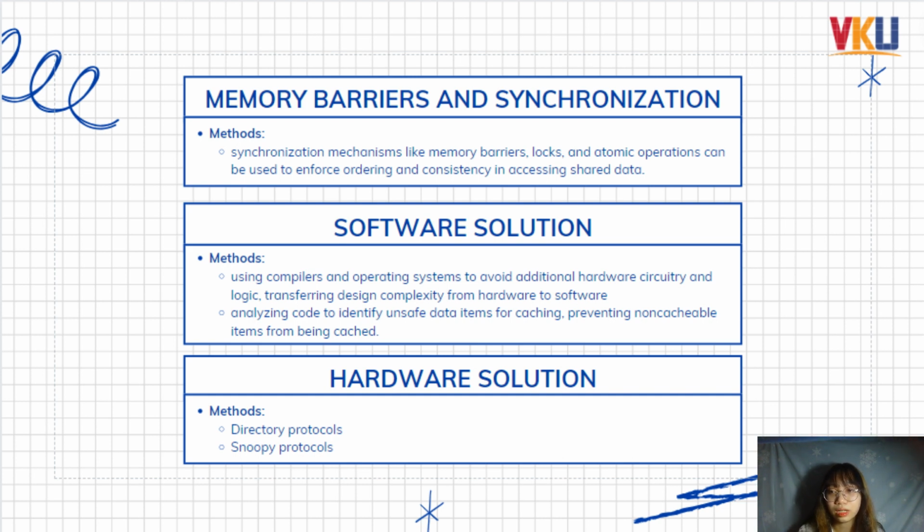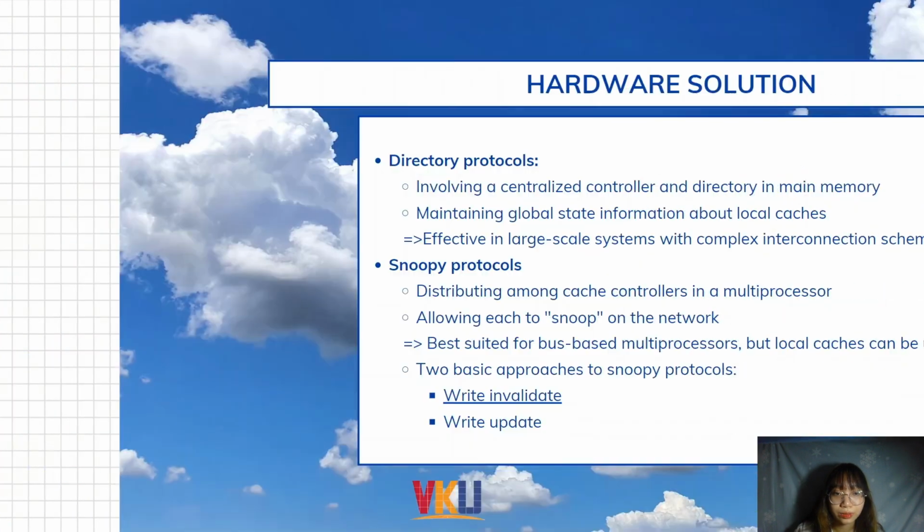The last solution is the hardware solution. Hardware-based cache coherence protocols improve performance and reduce the software development burden by dynamically recognizing potential inconsistencies at runtime, categorized into directory and snoopy protocols.